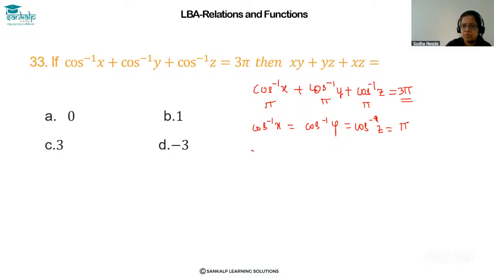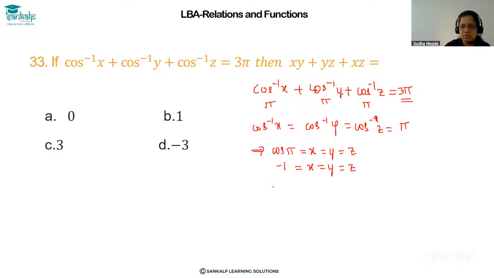Implies cos pi is equal to x, that is equal to y, that is equal to z. Is that correct? So what is cos pi? It is minus 1. That is equal to x, that is equal to y, that is equal to z. Each one is minus 1.